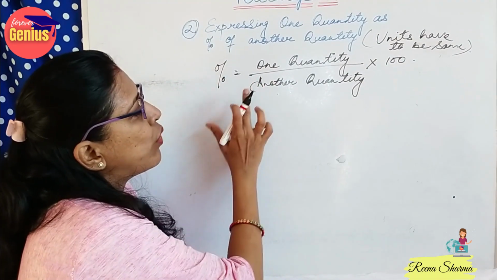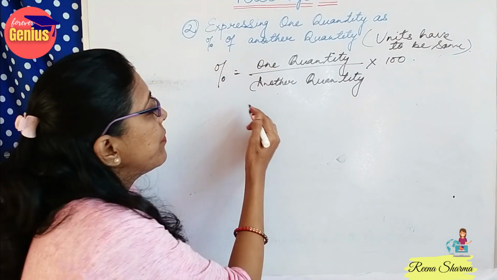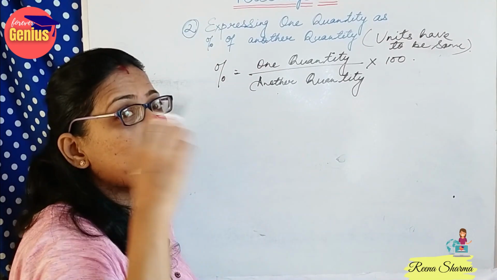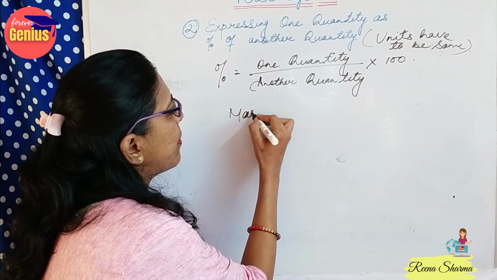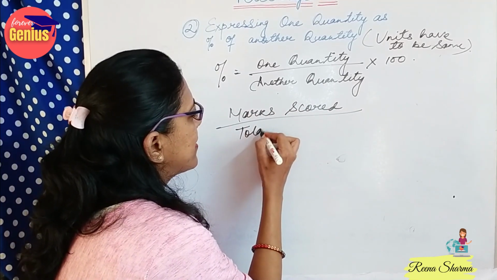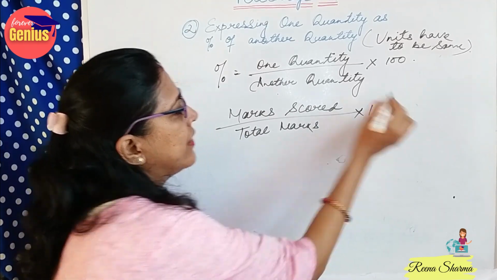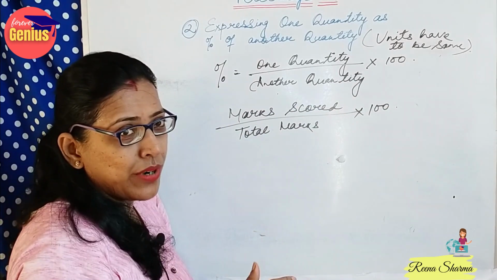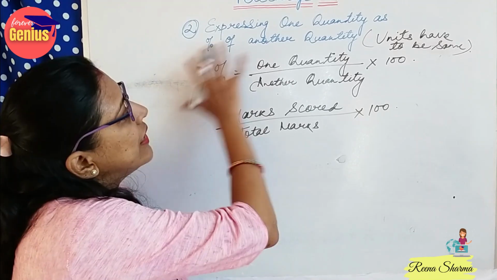So that is also one quantity with another. The quantity which you got, the marks you scored, it is marks scored by total marks into 100. This is the formula.